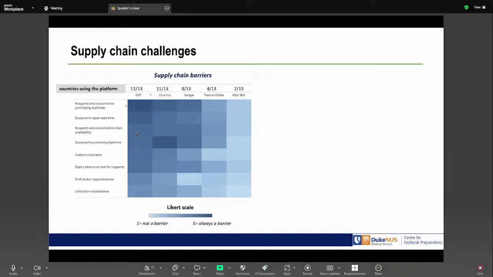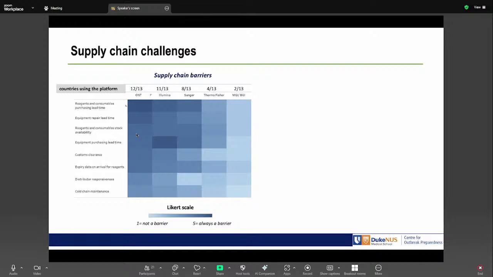Even if the know-how is on the ground, even if they have the funds to do the sequencing, even if they have the equipment and the samples in the lab, they don't have the reagents because it is not coming in on time. They don't have engineers that can come in and do maintenance or fix their equipment.